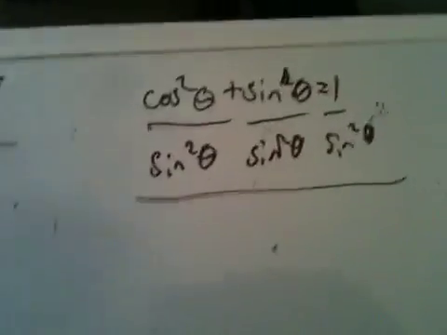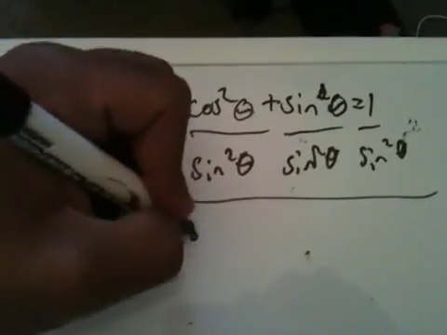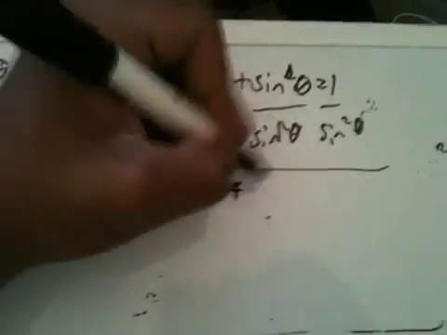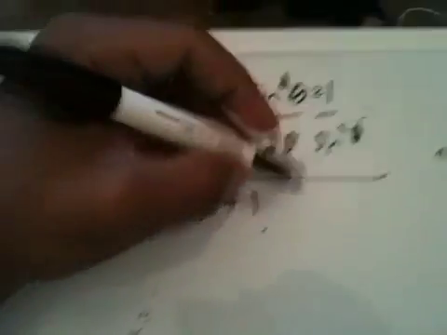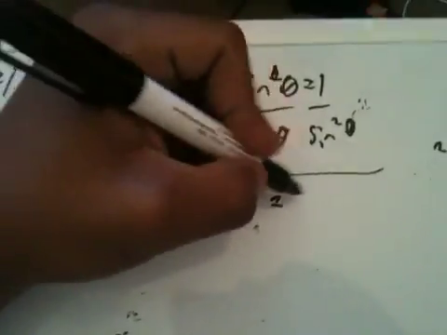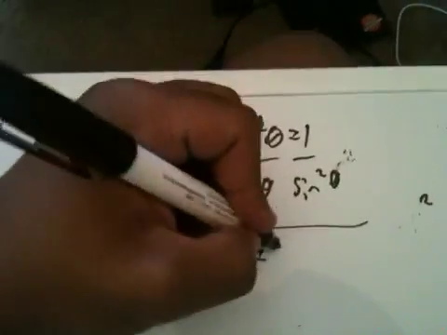The cosine squared over the sine squared is the cotangent squared. Sine squared divided by itself is 1. 1 over the sine squared is the cosecant squared.